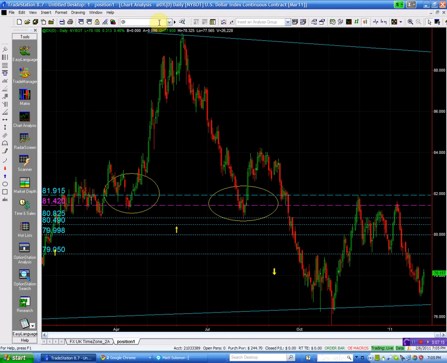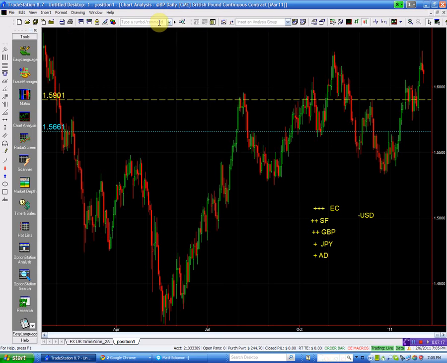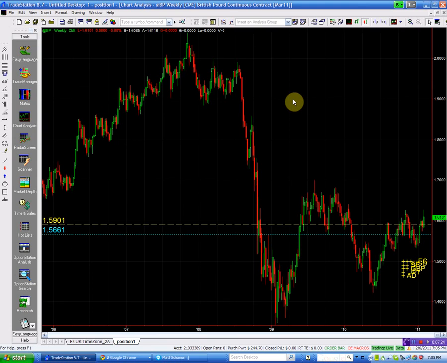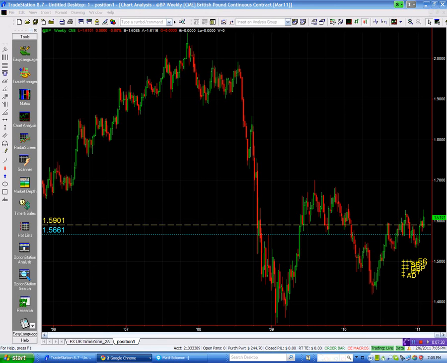So the next currency we'll be looking at is the British pound, and if we look at the weekly for the pound, it closed above, based on the index, the 159 level, which was our buy signal from last week.